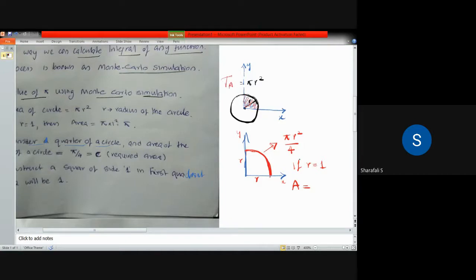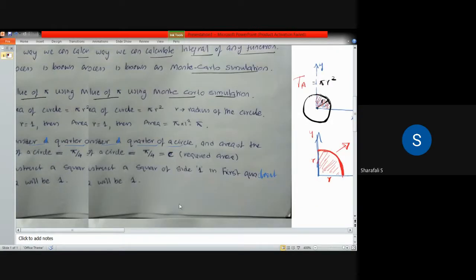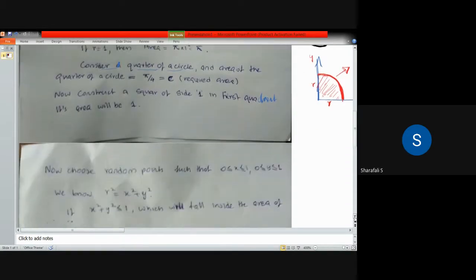And this is the area of that particular region that we are considering, 1/4 of that circle. So that will be equal to pi by 4 when we are taking r equal to 1. So this is the area of this segment of the circle, and this is the area that we are interested in. Now you know this area is pi by 4 when r is equal to 1, and you want to calculate the value of pi.